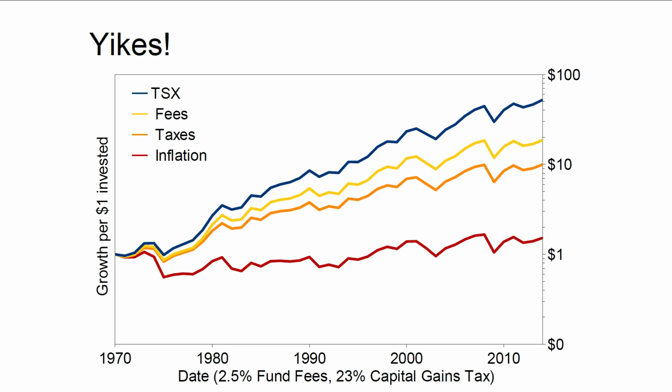So here, this theoretical investor has taken on all the risk of investing in stocks. They've paid a large amount of fees, paid a large amount of taxes, they've been hit by inflation, and they're left with very little. They've taken on all the risk, and they've got hardly anything in the way of returns at the end of the day.